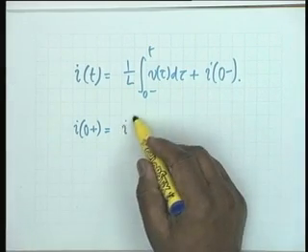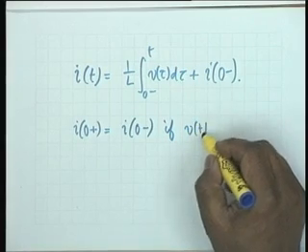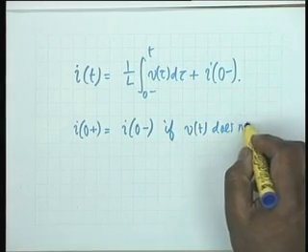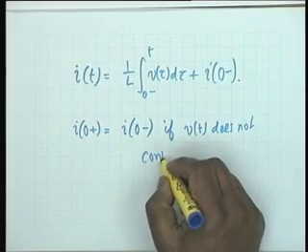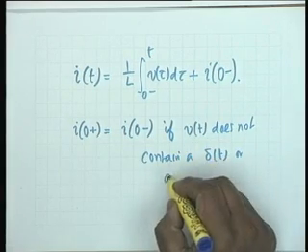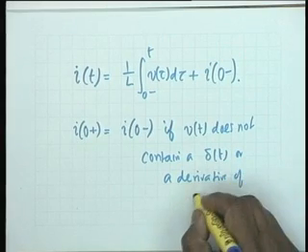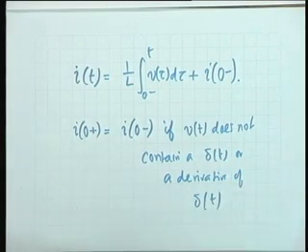Therefore this would be i of 0 minus, if v of t does not contain a delta of t or a derivative of it. If that is the case, then i of 0 plus is equal to i of 0 minus.